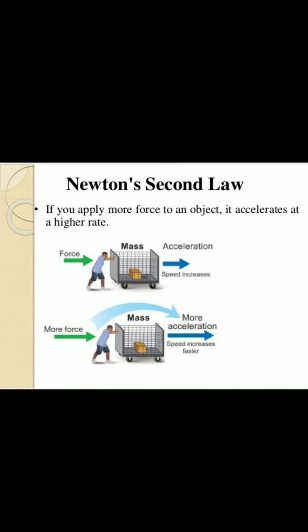So in the first case, suppose the acceleration is 5 meter per second square, but in the second case it will be, suppose, 10 meter per second square. It will be more because the force is increased. So if we apply more force, the object will accelerate at a higher rate because its change in velocity also increases.